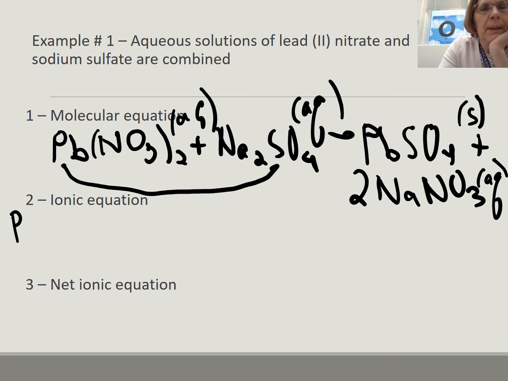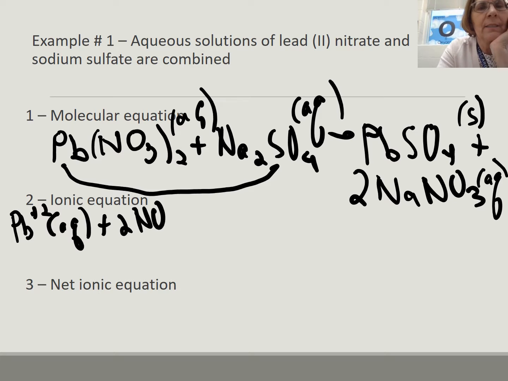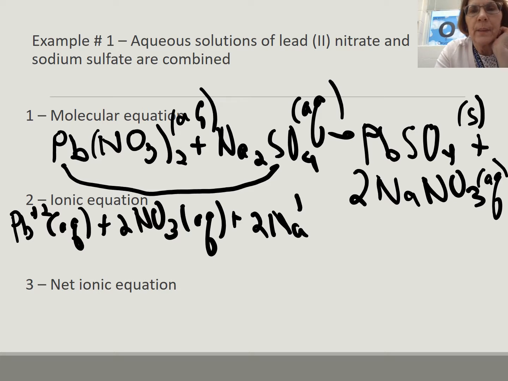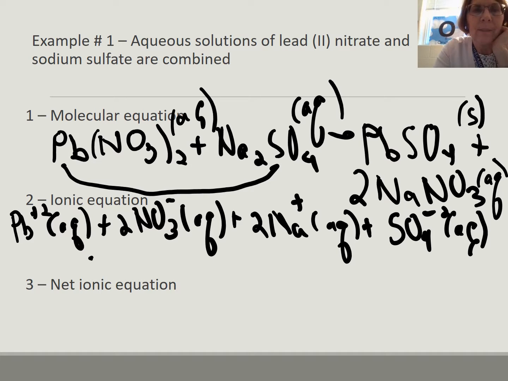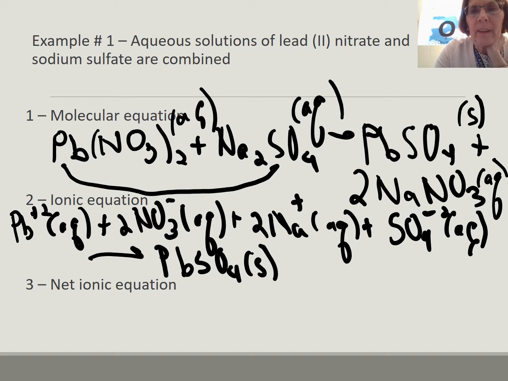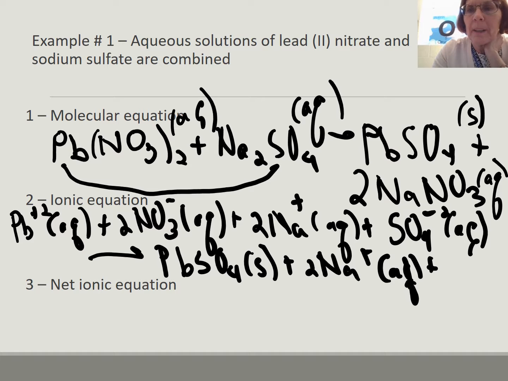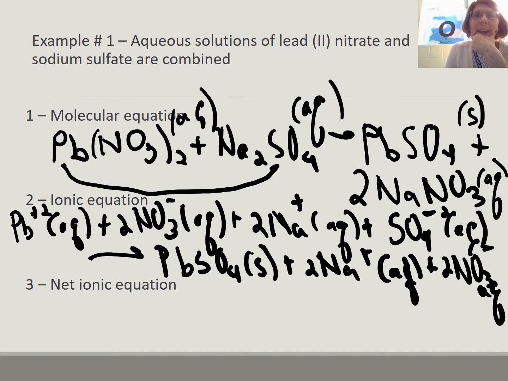So we're going to do Pb plus 2 aqueous, plus 2 NO3 minus aqueous, plus 2 Na plus aqueous, plus SO4 negative 2 aqueous, makes, we're going to keep the lead sulfate together because that's our solid, then the plus 2 Na aqueous plus 2 NO3 aqueous.